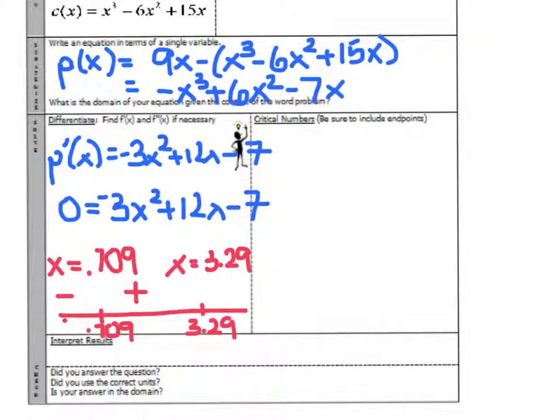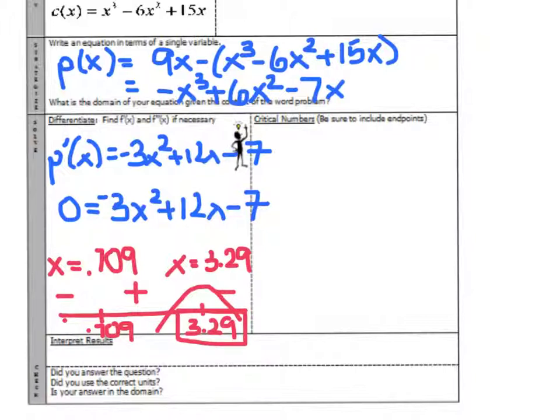And then if I substitute a value greater than 3.29, like 4, squared is 16 times negative 3 is negative 48, plus 48 is 0, minus 7 is a negative. So we can see our maximum is where we change from positive to negative. So at 3.29 thousands of units of production, I will reach my maximum profit.